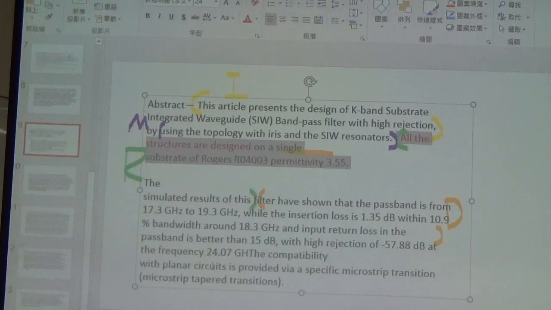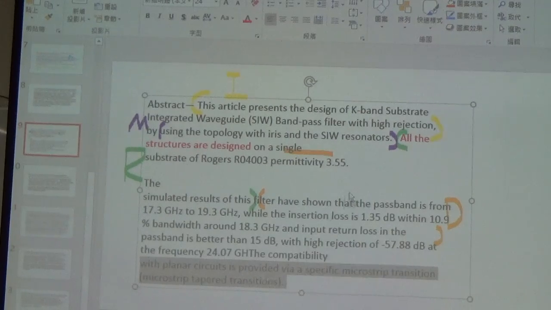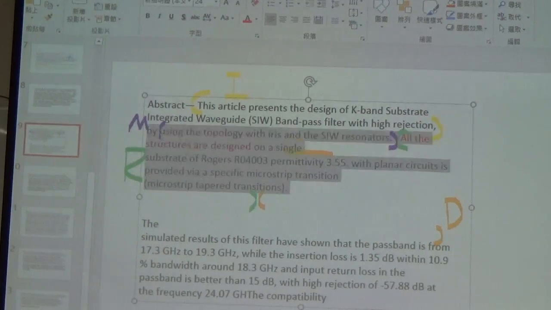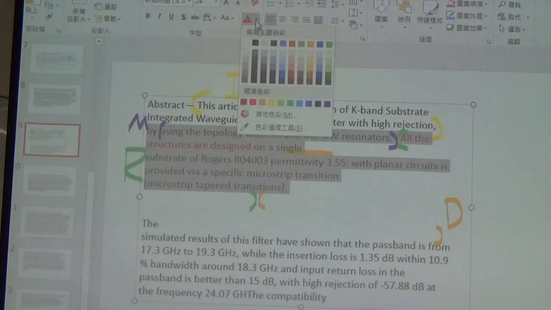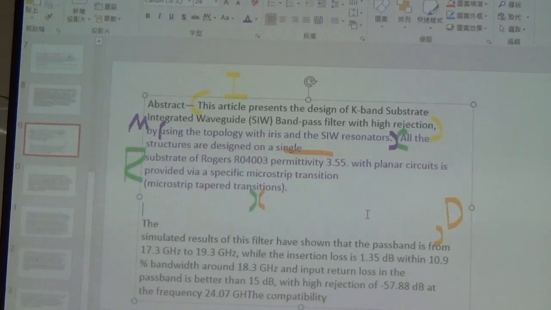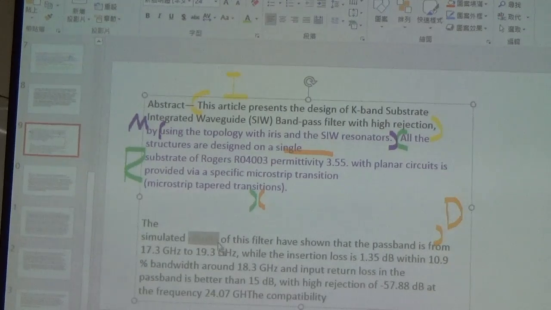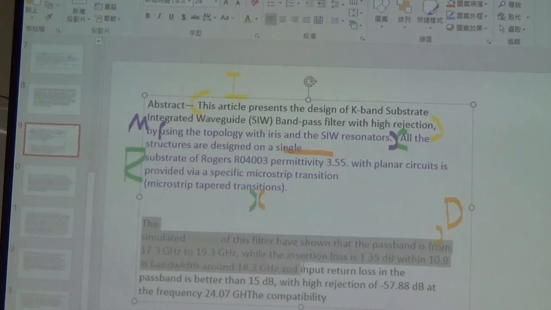And what else? With it. Oh, this is the method. The method part. So the method part is from here to here. And that's the results, right? And we mark it all together.